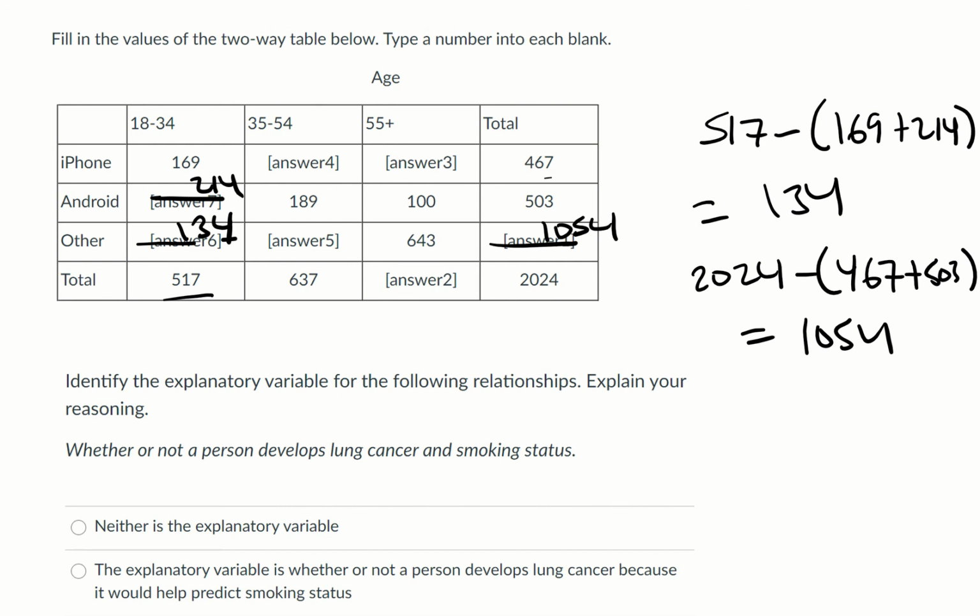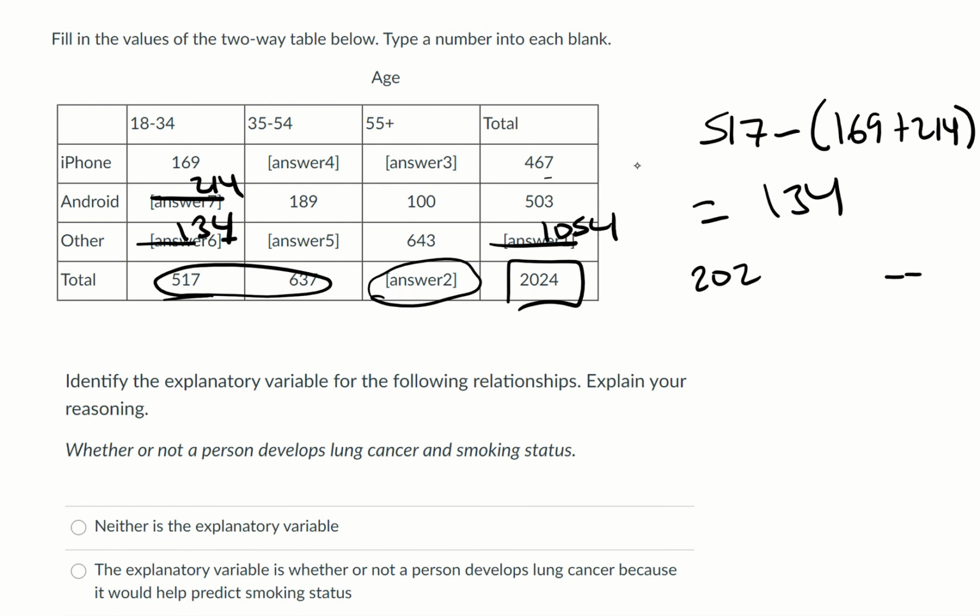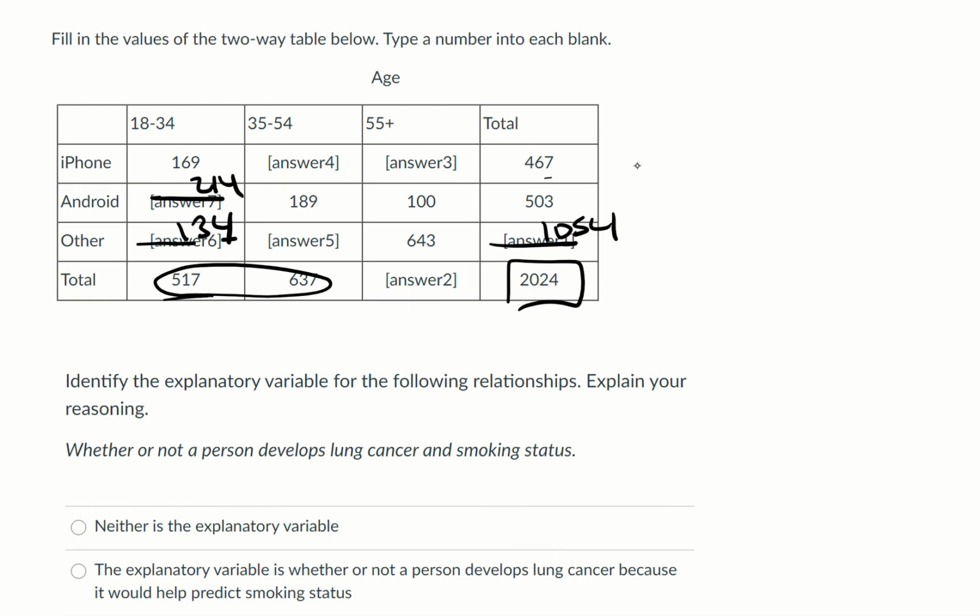All right, now we can find answer 2 because these two have to add to this, right? So 2024 minus 517 plus 637. So it's going to be 870. We got 870, so it's going to go here.